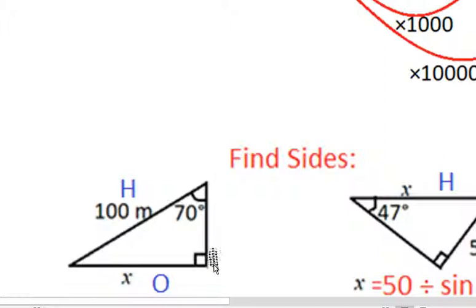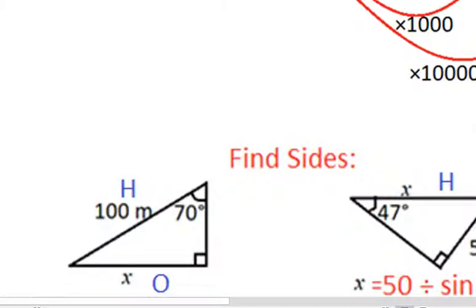A means adjacent, next to the angle. The hypotenuse is also next to the angle, but that one has already been labelled as H, so it cannot be A. This one would be A, but because it's blank, we leave it blank.